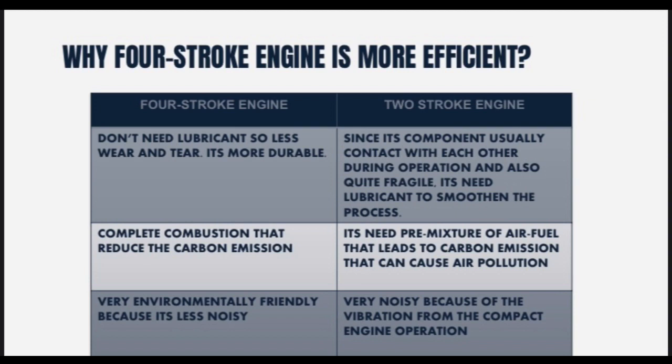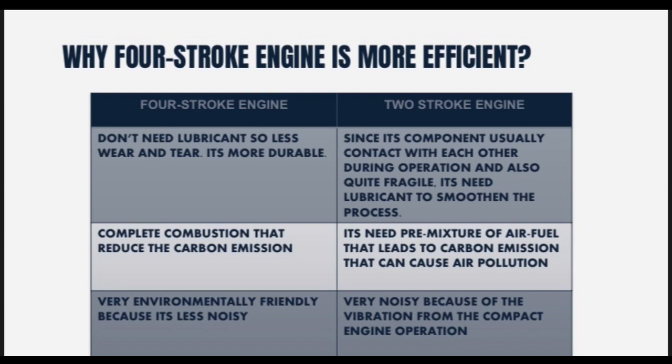Another element that we should consider is pollution. The two-stroke engine requires a pre-mixture of air and fuel, which causes carbon gas and nitrogen oxide emissions. These gases are very dangerous to Earth and can lower our ozone level. Thus, four-stroke engines are more environmentally friendly because they reduce gas emissions.